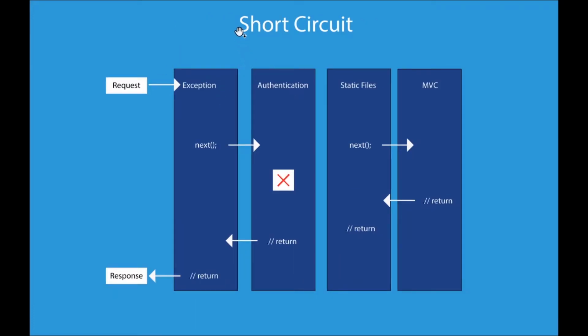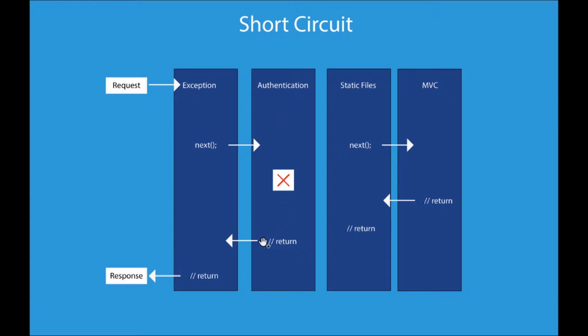Okay, now as the slide says, short circuit. It is literally a short circuit, which we will discuss now. As you can see, there are multiple middlewares. The request comes to the first middleware, then goes to our authentication middleware. Now suppose the authentication fails. This request no longer goes to our next middleware.